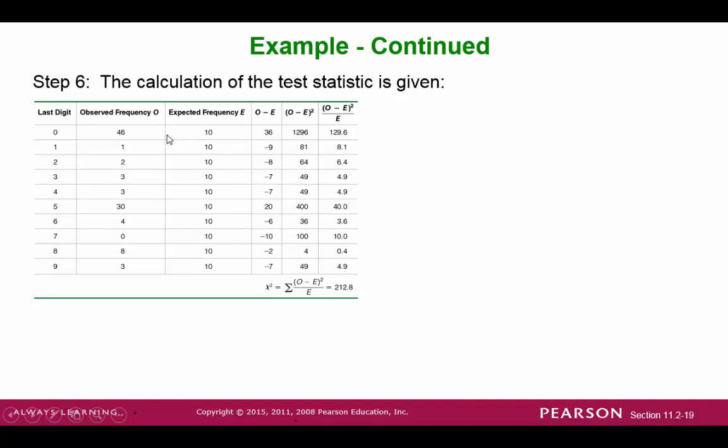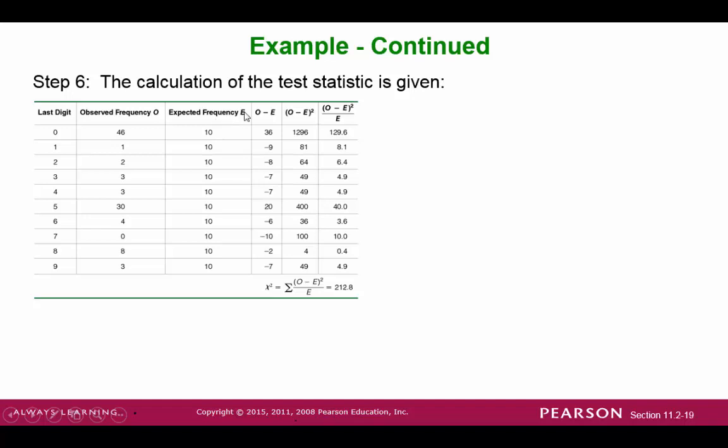So our expectation, if this was all distributed equally, is that each of these observed counts should be about 10. Again, 0 and 5 clearly stand out in the double digits where everything else is single digits, so this is probably going to reject the null hypothesis. But we'll continue on with the test.